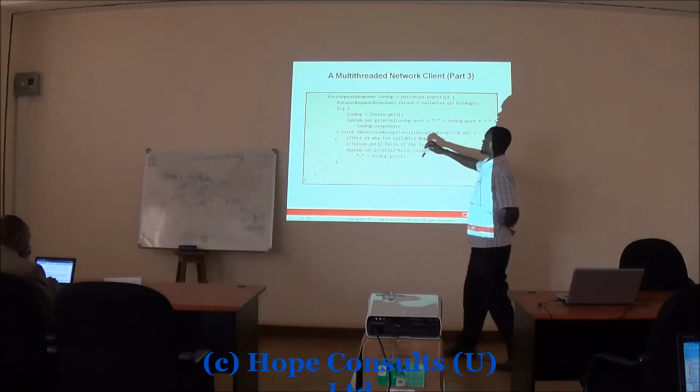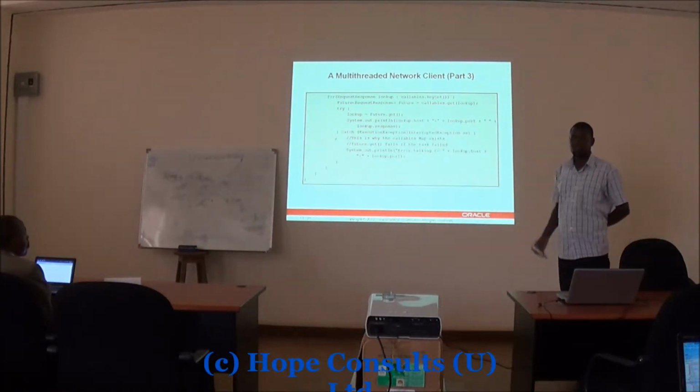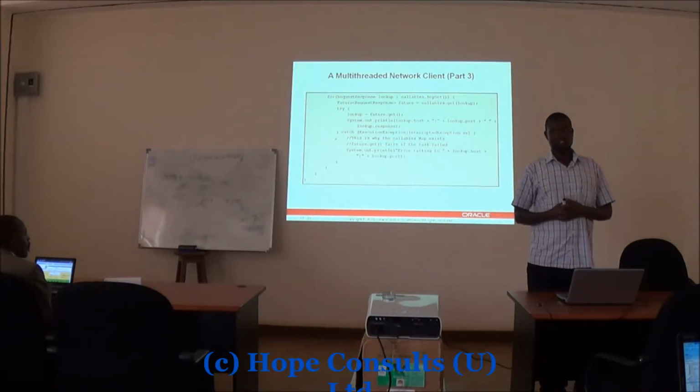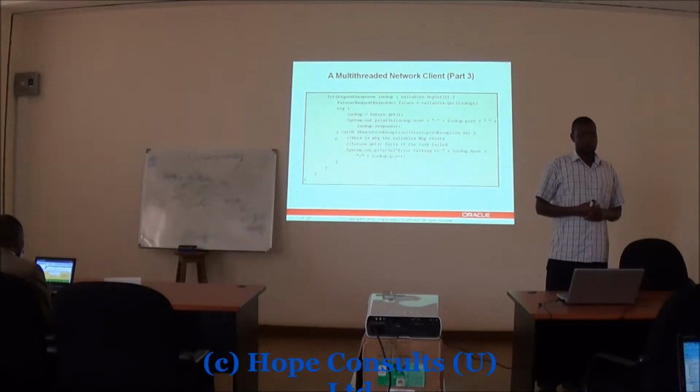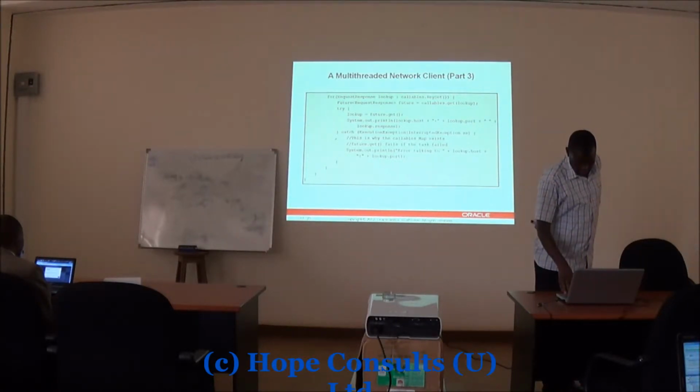Of course, we are getting the result from the Future, which we say is an interface for capturing results from different threads that are being executed. Once you get your result, then you can update your map.